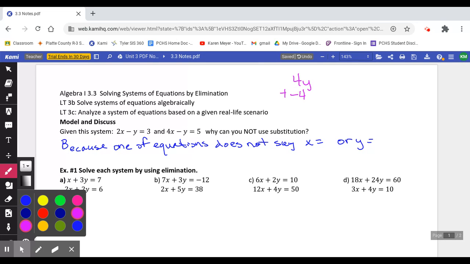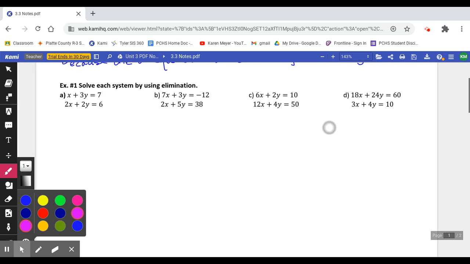And that would be a -4. So you're going to notice in order to eliminate a letter, you have to have the same coefficient, but one has to be positive and one has to be negative. Now, sometimes to make that happen, you're going to have to multiply one or both of the equations by a number. So with that being said, let's go scroll and look at our examples.